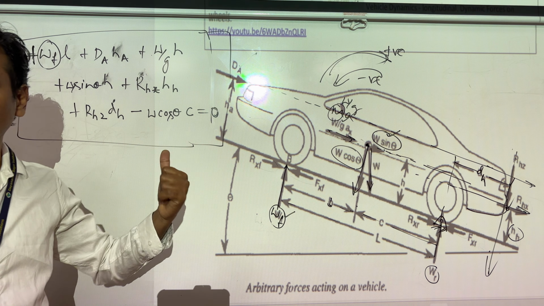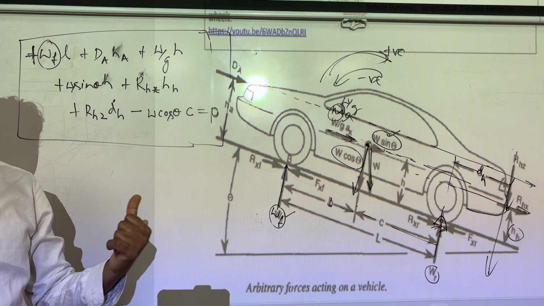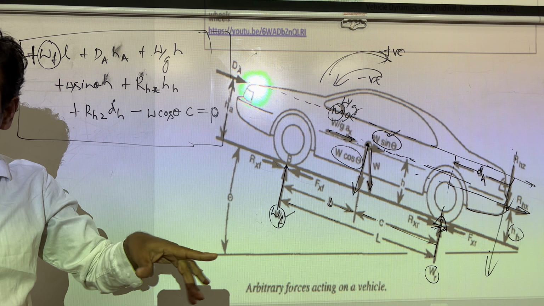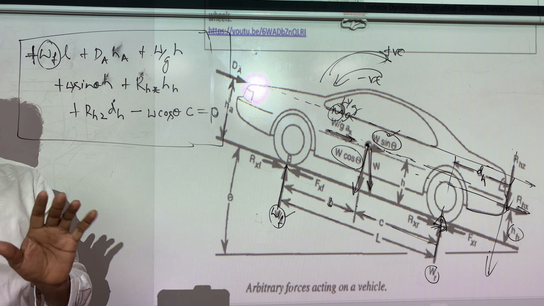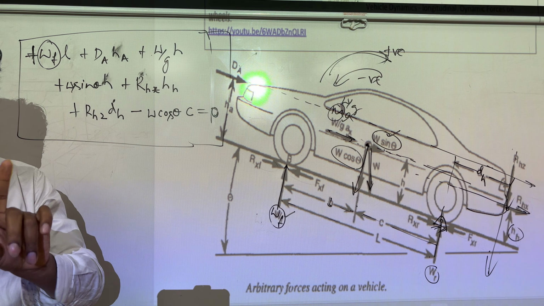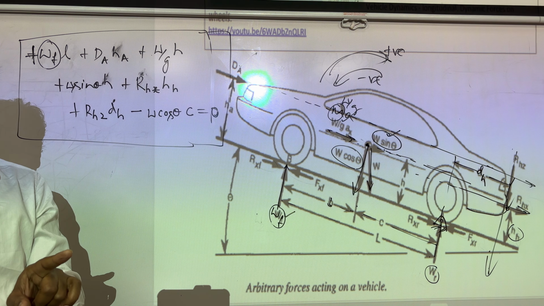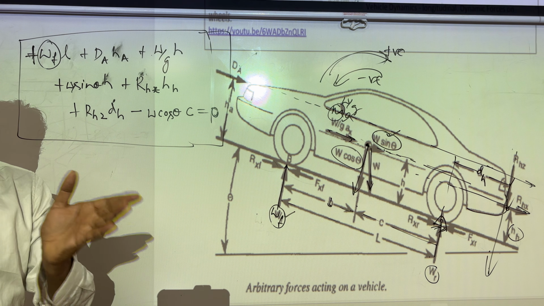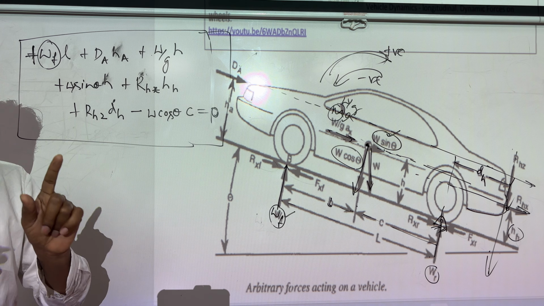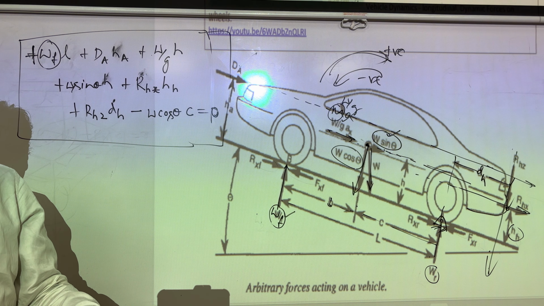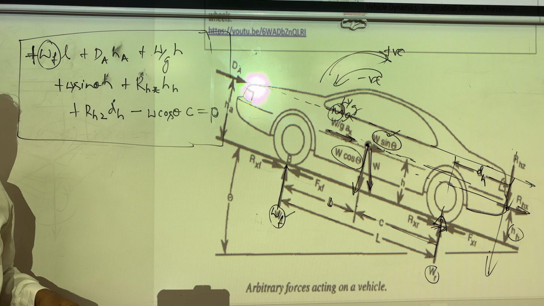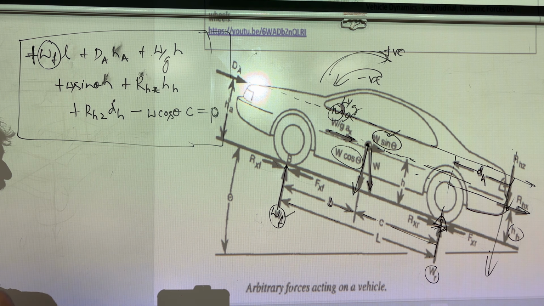What is the scenario? Can you tell me? A car going downwards? A car going upwards. Car decelerating? No, accelerating. Okay, so this is for a car going upwards and accelerating. Suppose I say the car is going downwards and decelerating, what is the change in the equation that you will make?